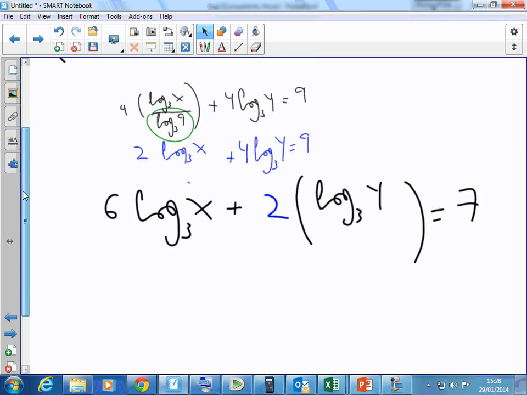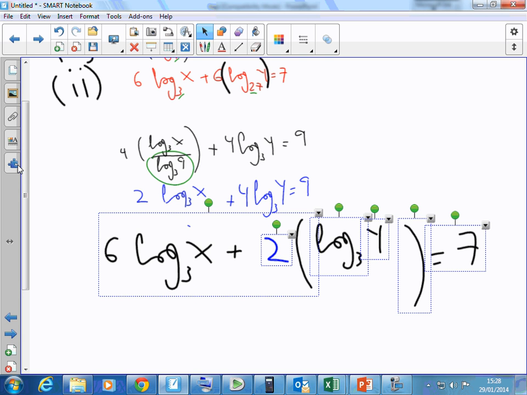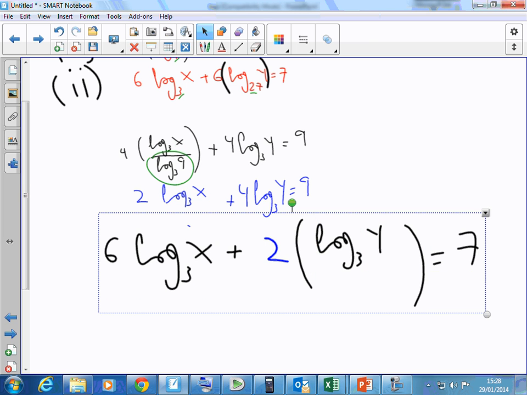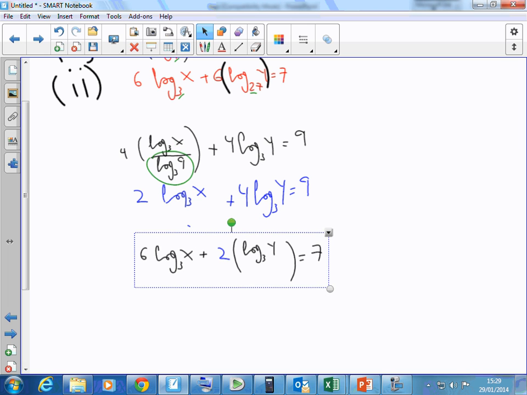Okay, so now we have here 2 equations, both in x and y and to the same base. So we've got these 2 equations. Anyone able to suggest what we could do to eliminate?